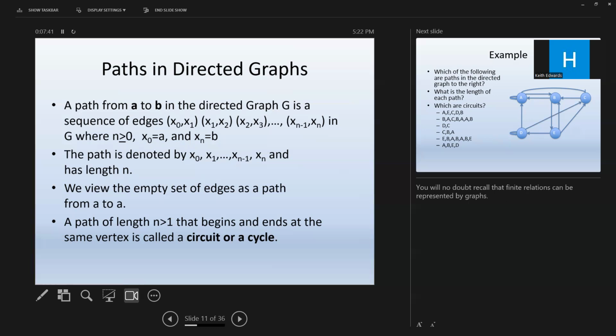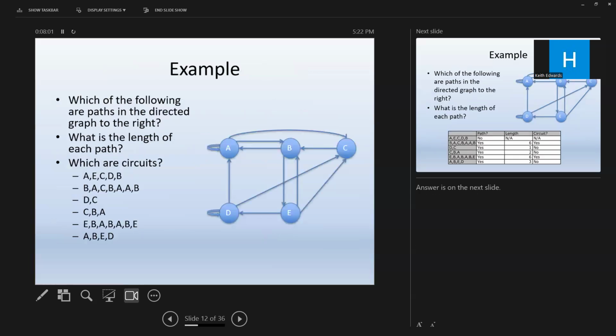The path is denoted x0 to xn and has length n. We view the empty set of edges as a path from a to a. A path of length n greater than or equal to 1 that begins and ends at the same vertex is called a circuit or a cycle. So let's take a look at an example graph.